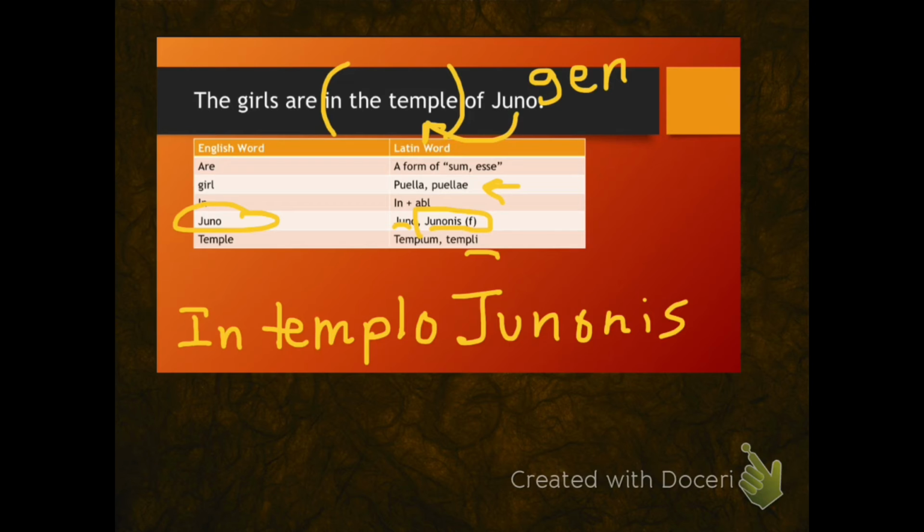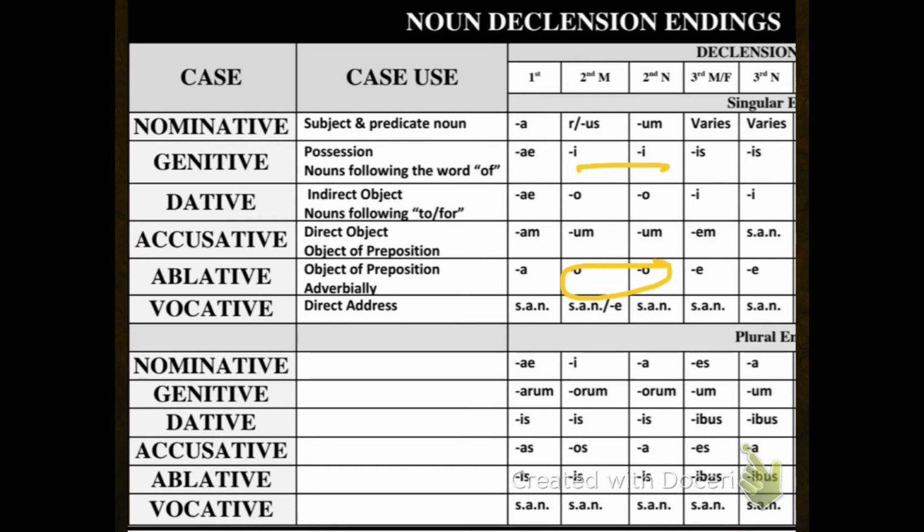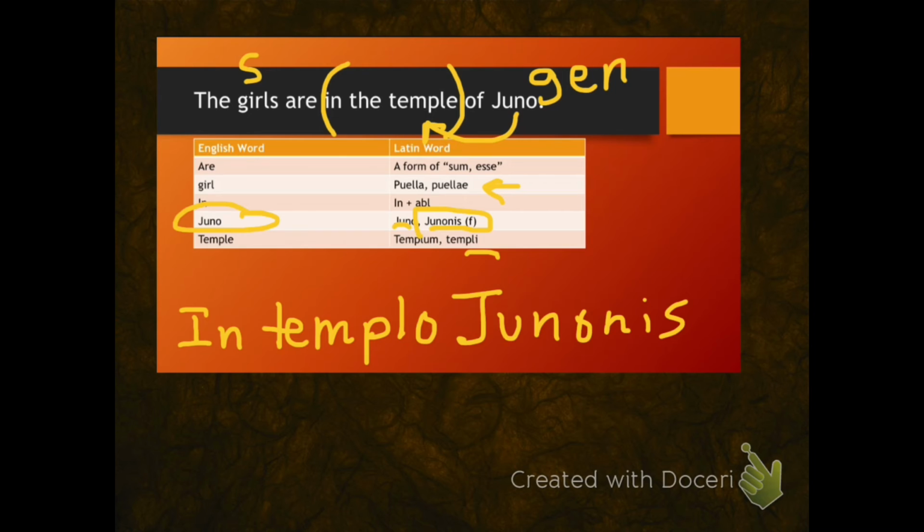And the reason I want the nominative case is because girls is the subject. In order to know which nominative case ending to choose, I have to know what declension I'm looking at. By now you should remember that it is puella, puellae with an AE, which means that the nominative plural ending I have to choose is puellae.